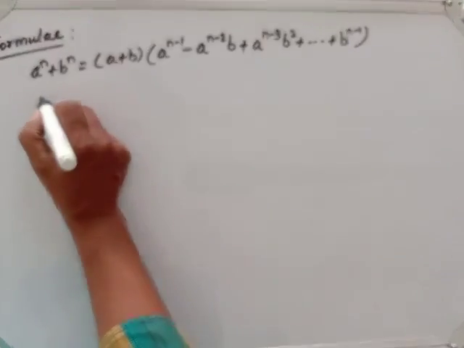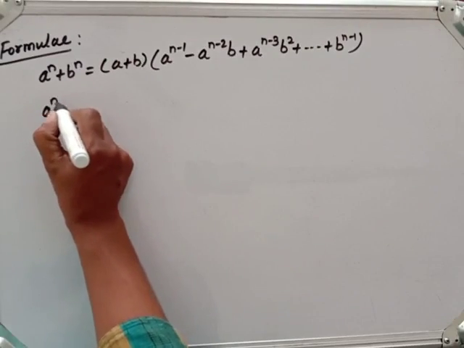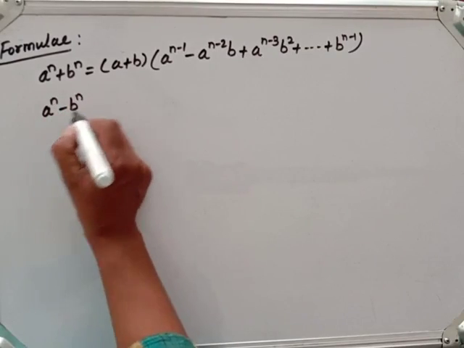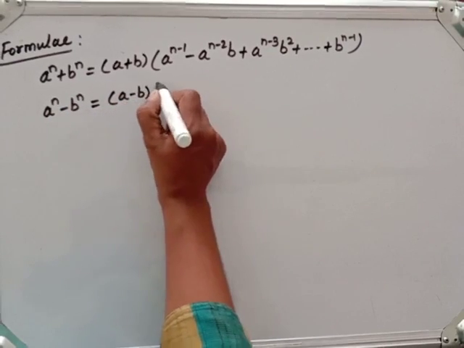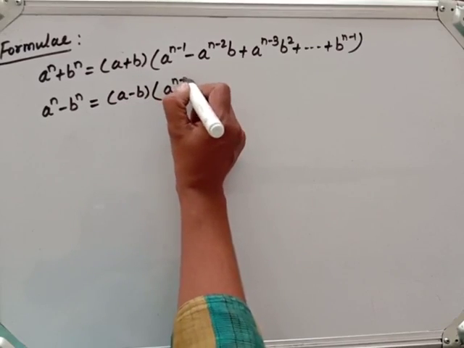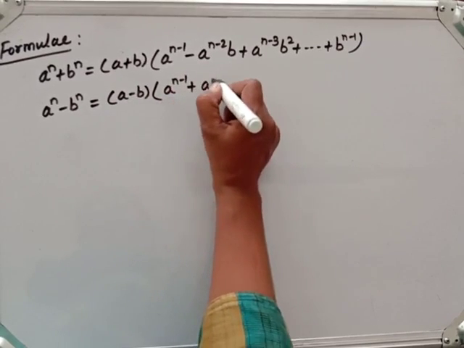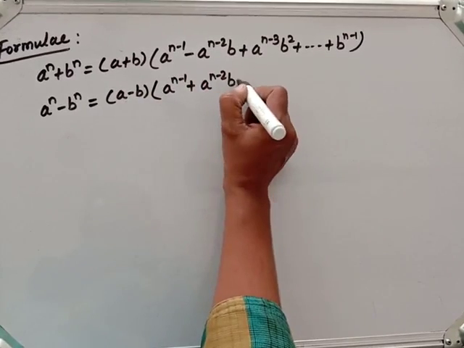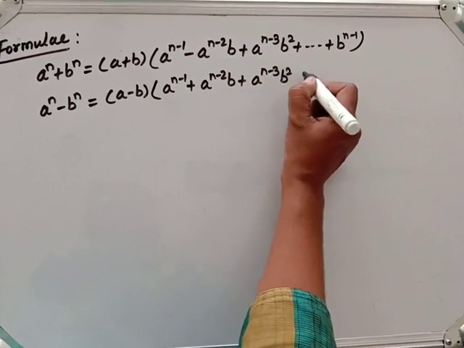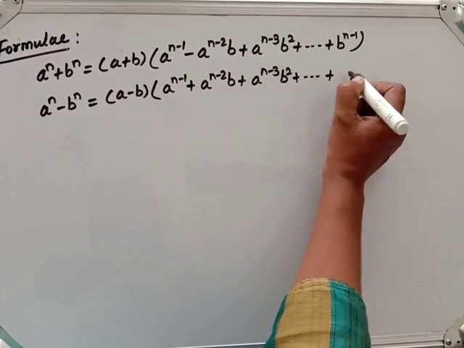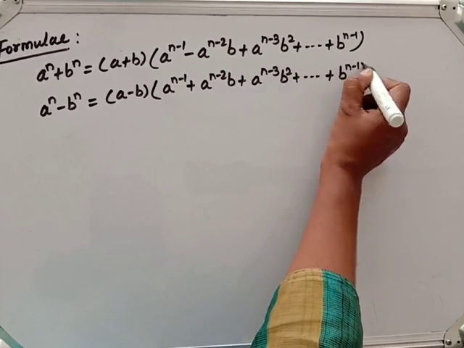Again, another formula is for a raised to n minus b raised to n. It is a minus b, a raised to n minus 1 plus a raised to n minus 2 b plus a raised to n minus 3 b square plus so on up to b raised to n minus 1.